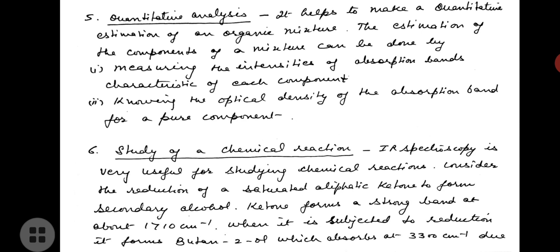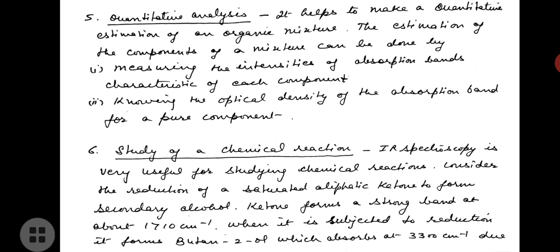And the next one is quantitative analysis. So IR spectroscopy also helps to make a quantitative estimation of an organic mixture. The estimation of the components of a mixture can be done by first measuring the intensities of absorption bands characteristic of each component, and second, knowing the optical density of the absorption band for a pure component.